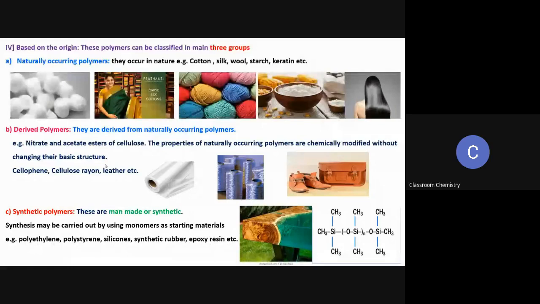The example is cellophane. All of you know the cellophane in the market, the wrapping paper, that is nothing but cellophane. Cellulose rayon, this is the thread of cellulose rayon, and all of you know the leather.